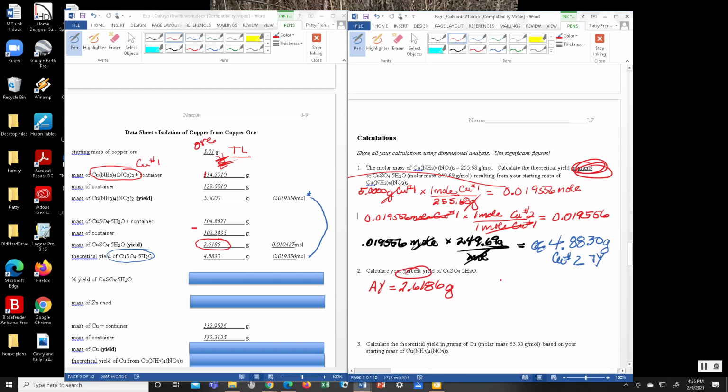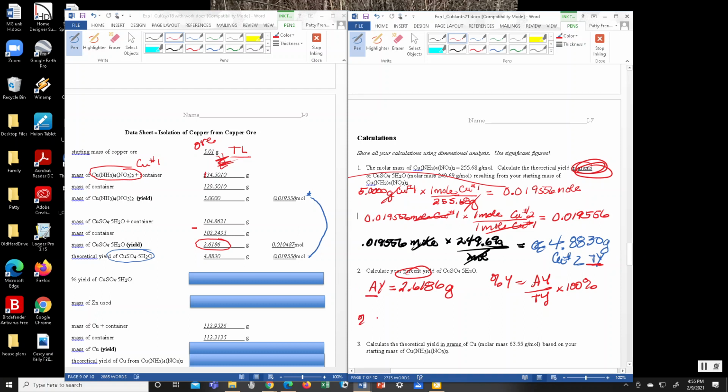Now, when we think back, we remember our percent yield is equal to the actual yield divided by the theoretical yield times 100%. So that's what we have to do next. We have our actual yield, we have our theoretical yield.